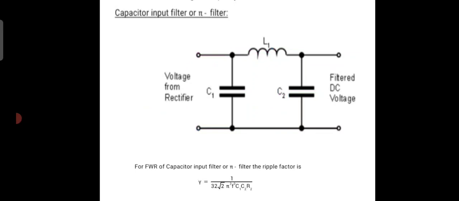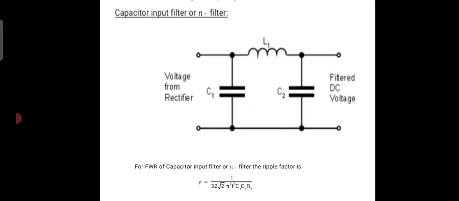Therefore, a large amount of AC signal is going to be taken by the capacitor, leaving behind the DC component, which will move towards the inductor L. Then at the inductor, the choke offers a high reactance to the AC component but almost zero or negligible resistance to the DC signal.